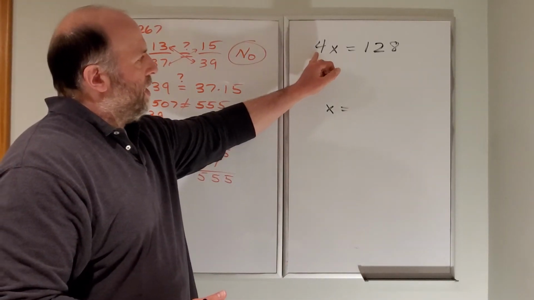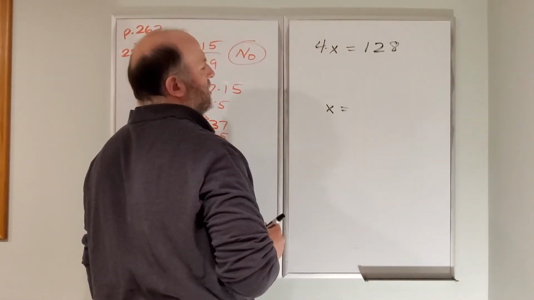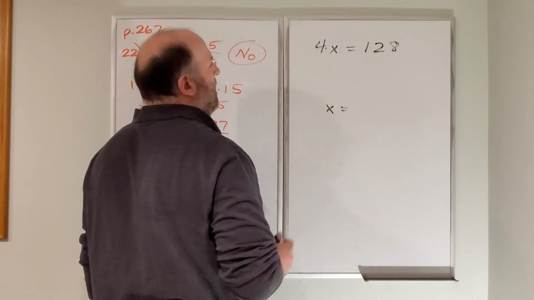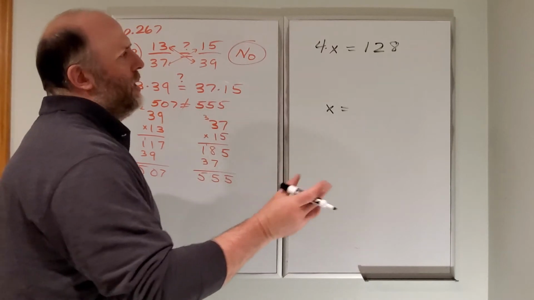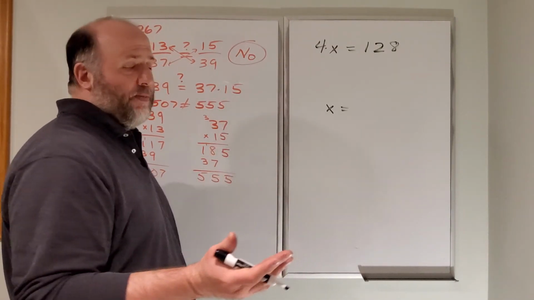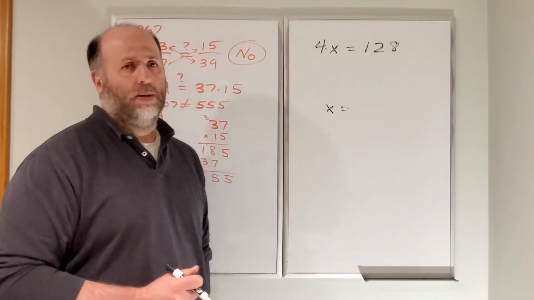So what's going on here again between 4 and x? You're multiplying technically. I know we don't show it, but it's just a convention. It means 4 multiplied by x. How can I undo this multiplication by 4? Well, what operation undoes multiplication? It's division, right?